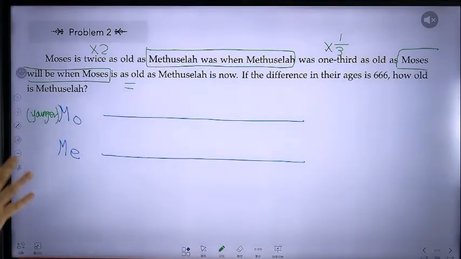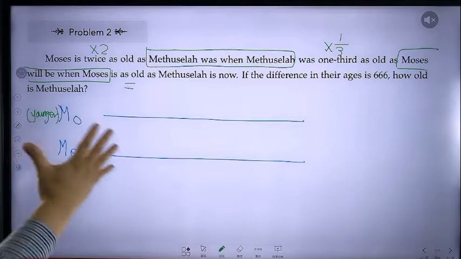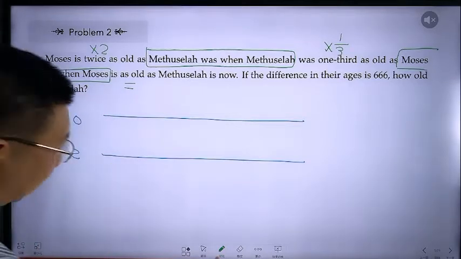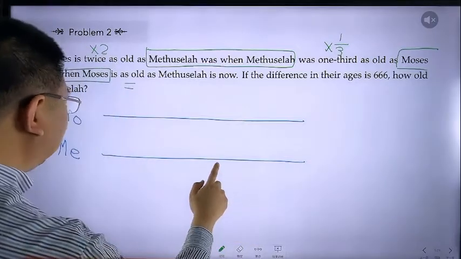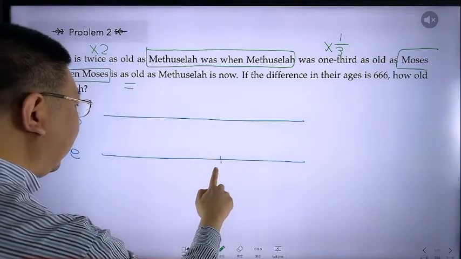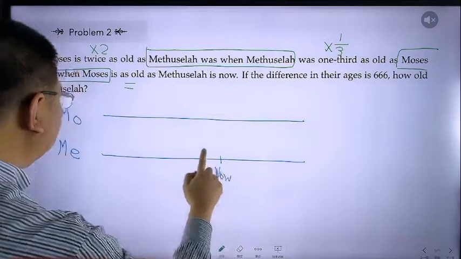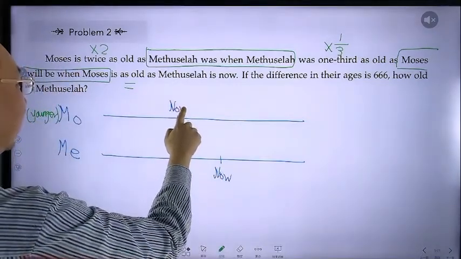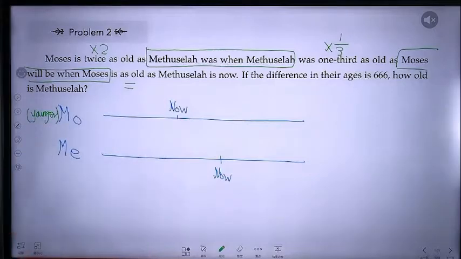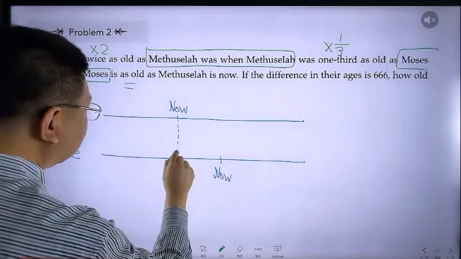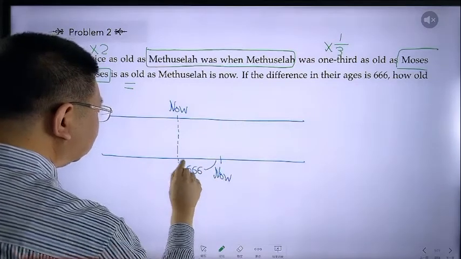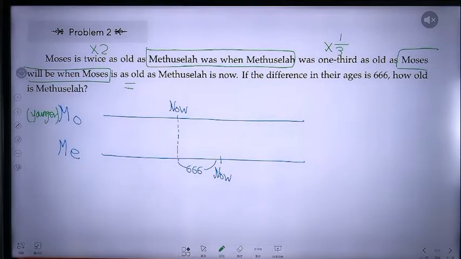So he needs to grow, and in later years, MO will have the same age as ME now. Now we can start to draw the picture. ME is a little bit older. So if it's this age for ME, what is the age for MO now? It will be a situation like that. And the age difference is 666, so we know that this must be 666. Okay, so this condition has been explained.